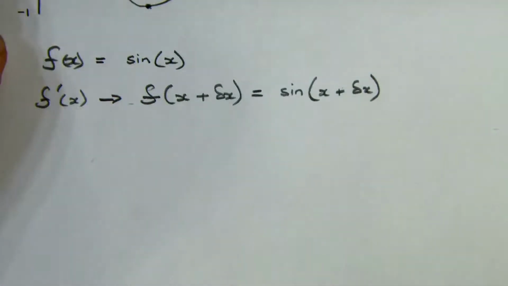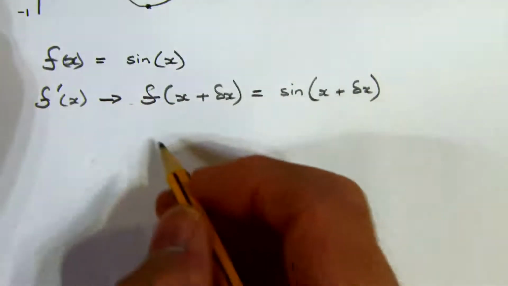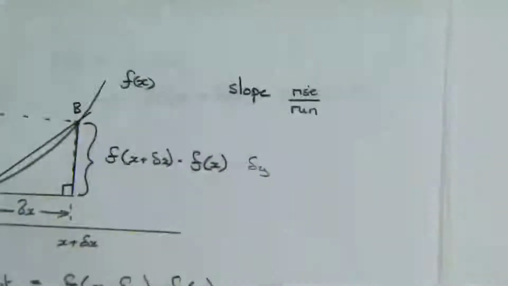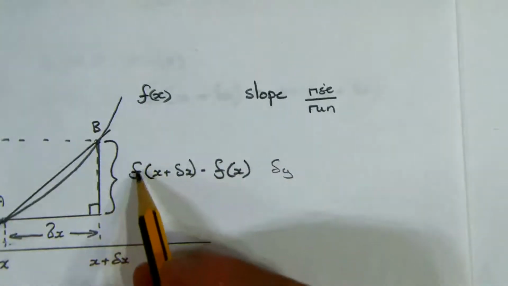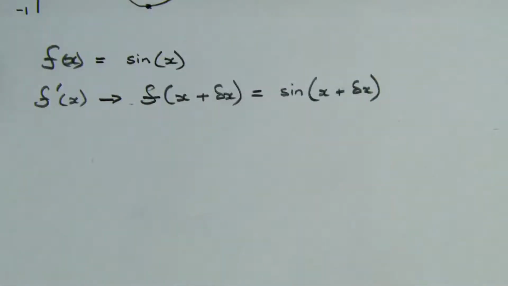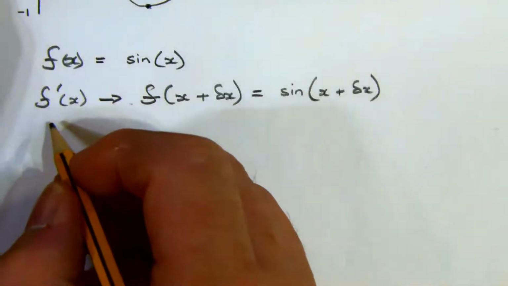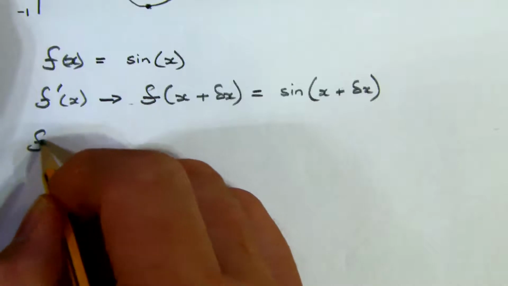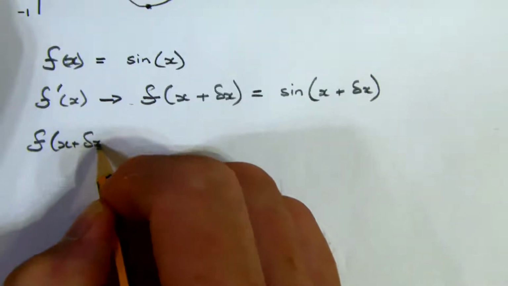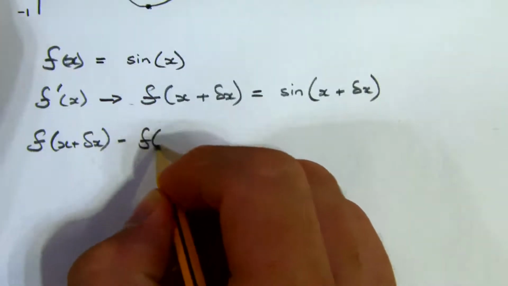When we met our differential, we found that we had the rise part of this as this equation here. So let's try that with my sine, and we're just going to say simply that we had f of x plus delta x minus the function of x.